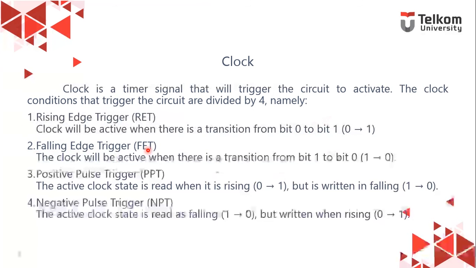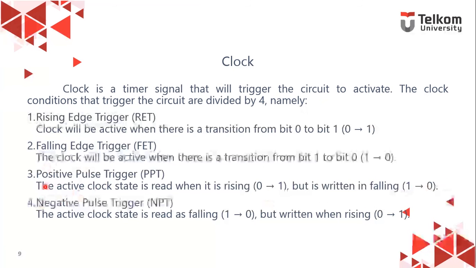The second one is falling edge trigger, or FET. The clock will be active when there is a transition from bit 1 to bit 0. The third is positive pulse trigger, or PPT. The active clock state is read when it is rising, 0 to 1, but is written on falling, 1 to 0.